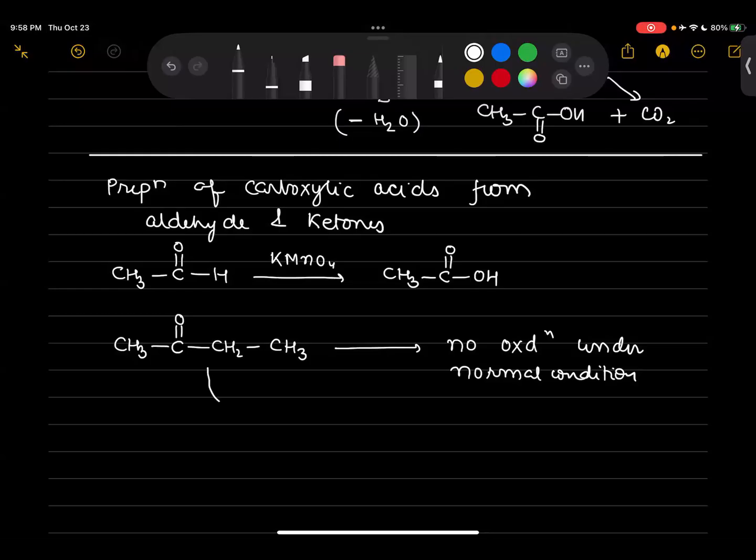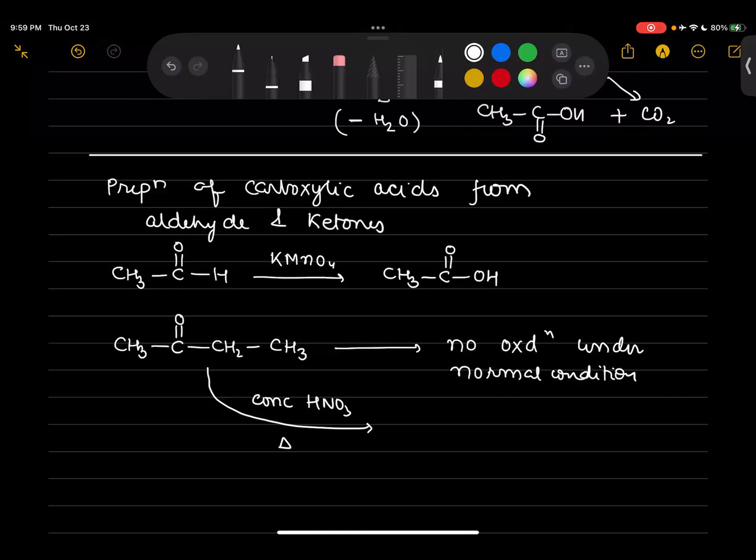But if you oxidize it under vigorous conditions, using concentrated HNO3, heat, for a long time, how does the ketone get oxidized?